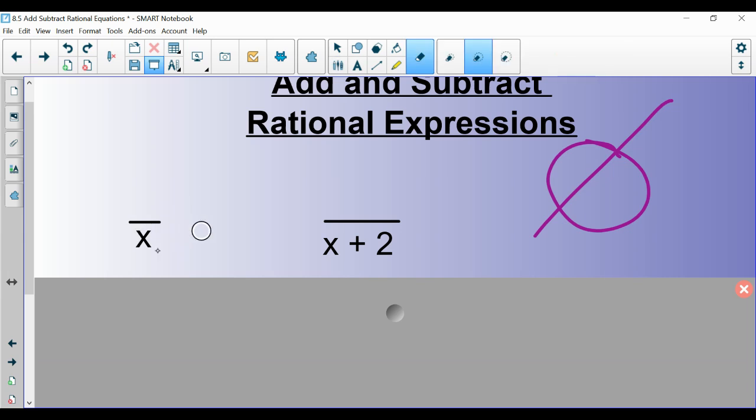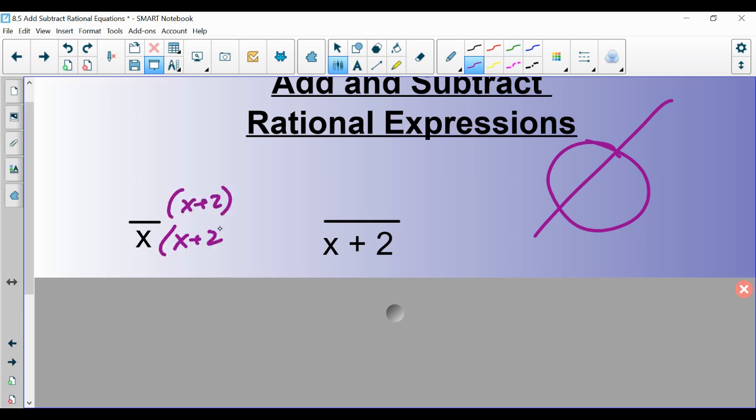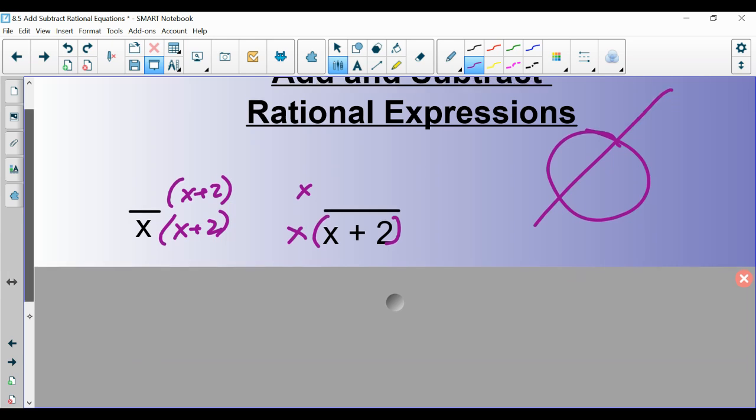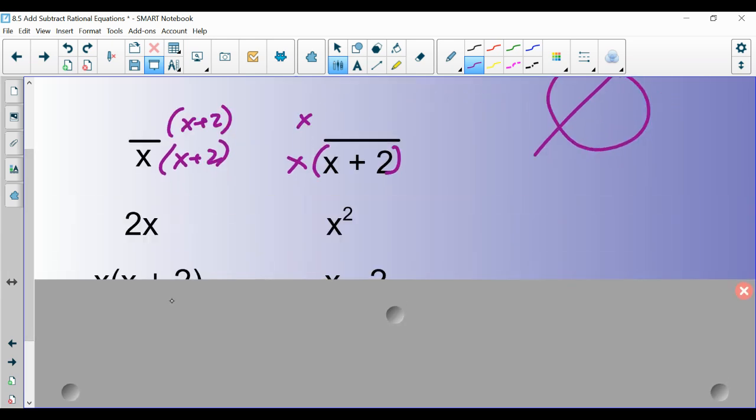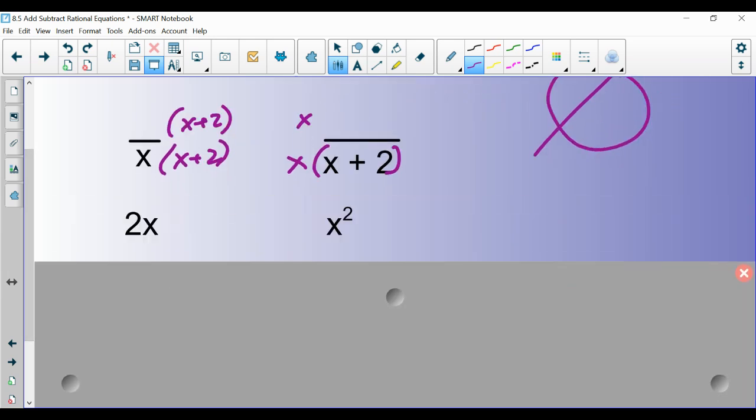Instead, what I have to use is multiplication somehow. And what I'm actually going to multiply by would be x plus 2 over x plus 2. And then this one would need an x over an x. Now both denominators are x times x plus 2. That's going to be my least common multiple for a denominator. That's the denominator I'm looking for.